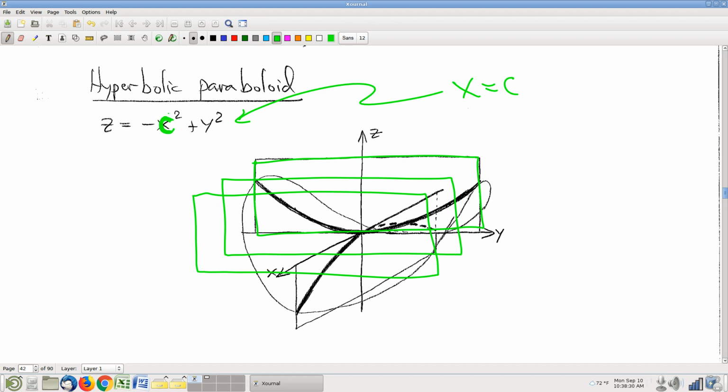What you see is we have the resulting equation gives you upward pointing parabolas, but they're upward pointing parabolas which, as c increases, are shifted down. You see that minus sign right there. They're shifted down by different amounts. Let me draw some more of these parabolas. They're shifted down as indicated by that minus c squared.